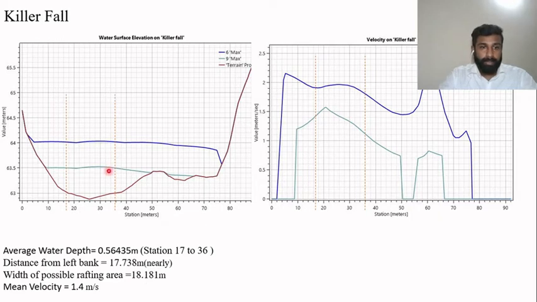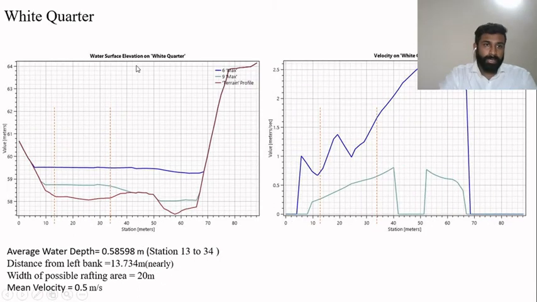But in this rapid, we can say that after the dam is commissioned, only this portion satisfies the requirements, so whitewater rafting can be conducted only in this portion of the river. For the Whitewater Major rapid, results are pretty much the same as Killer Fall.